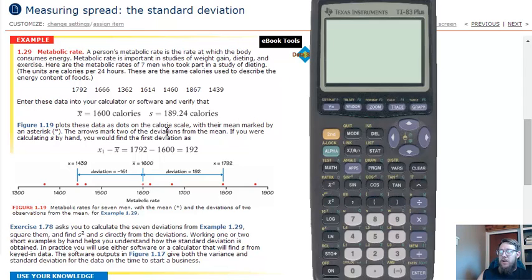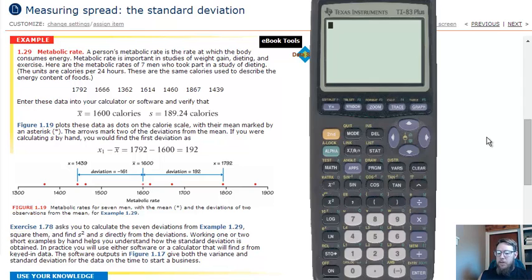In this case it's very apparent because we have a small sample of 7 men out of all men, so this is obviously a sample, and then we can look again here that it's S. So we know to divide by n-1.